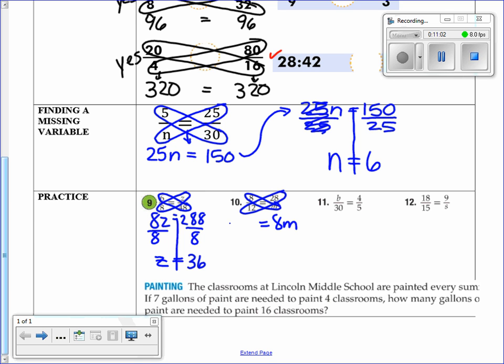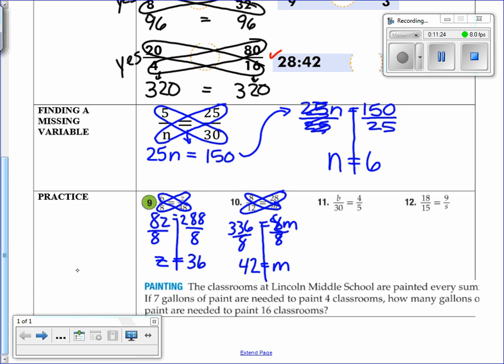And I have 336. Draw my line. Divide both sides by 8. Remember, those 8s cancel. And I end up with 42 equals M. Do the next two on your own, please.